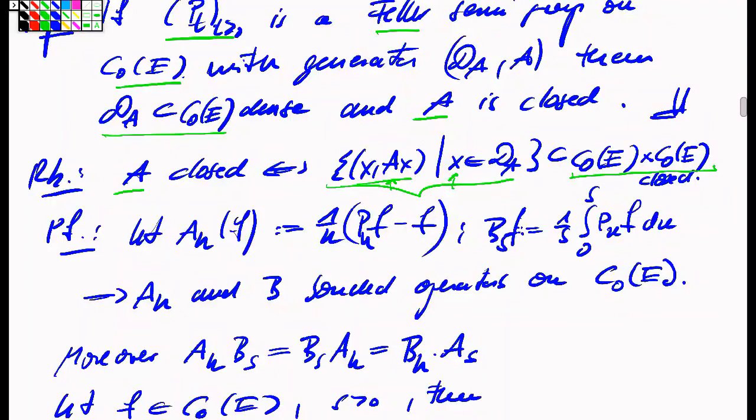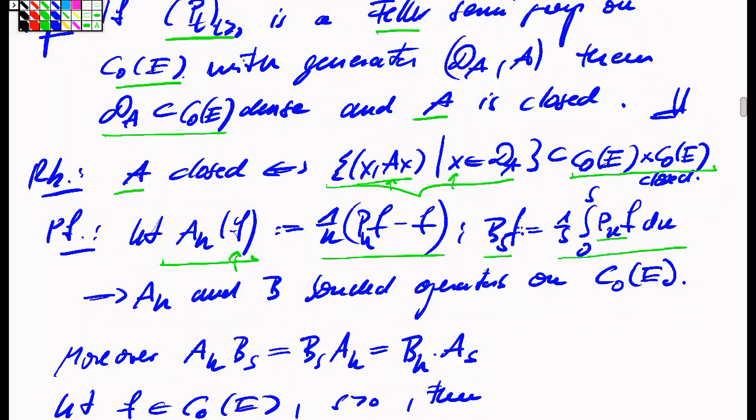The first operator that we introduce is this A_h operator for a positive parameter h applied to a function f. This is exactly this difference quotient approximation for approximation parameter h acting on the function f. And the second operator we want to introduce has the name B with a parameter s, it's just a name, and it's an approximation of the identity, but by means of this semigroup.